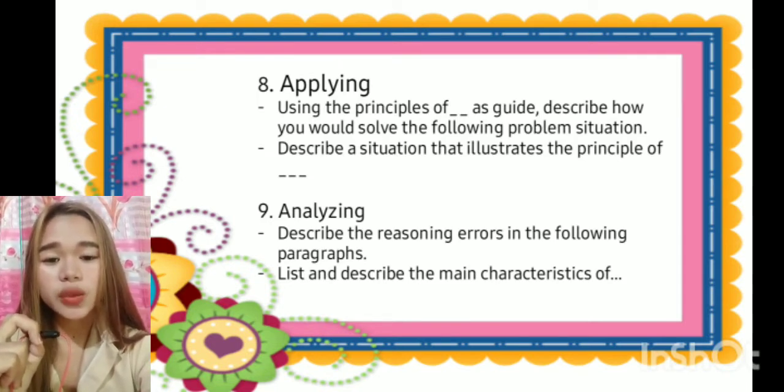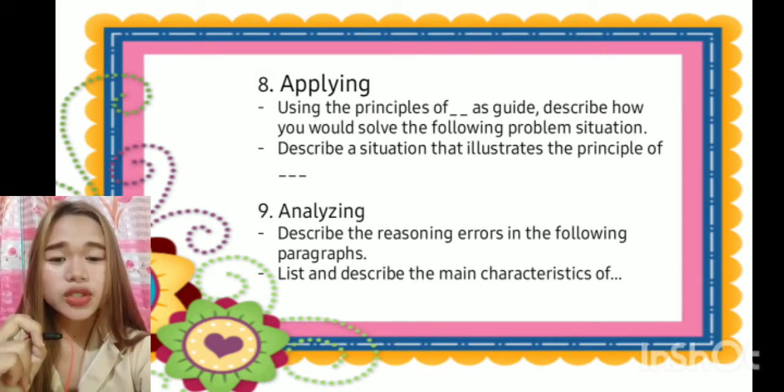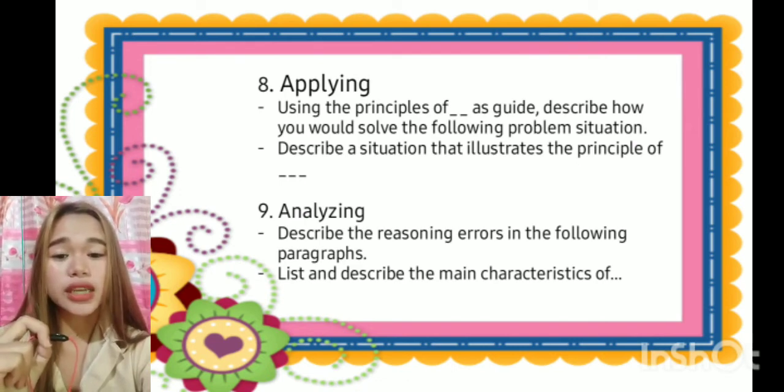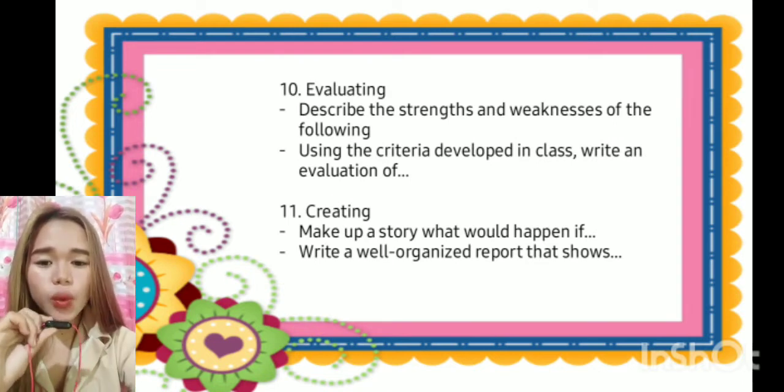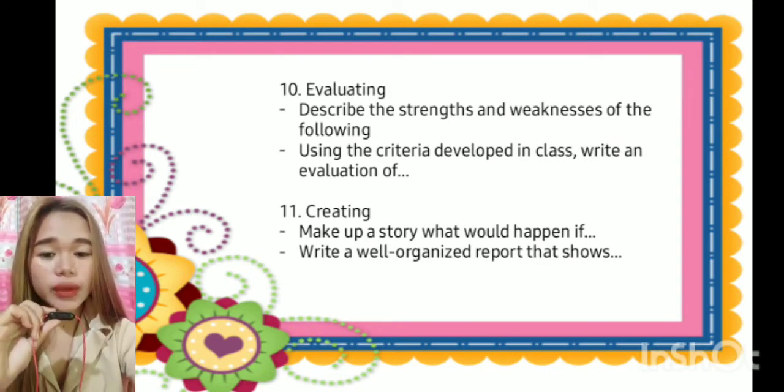So in this first question, we observe that it really needs analysis, because you can't identify and describe the errors in the paragraph without analysis, of course. So the second example, list and describe the main characteristics of SMAW welding. So the 10th one is the evaluating.